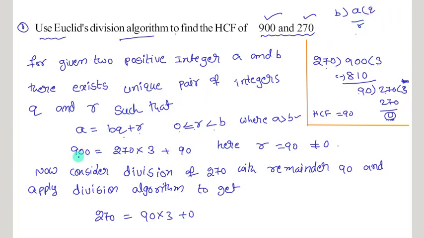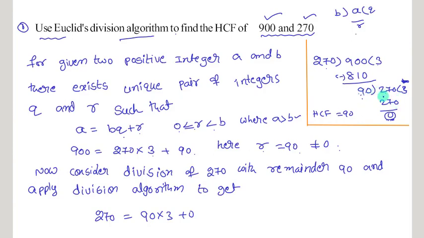Here we have to divide the greater number 900 by the smaller number b, that is 270, so that we get a quotient of 3 and a remainder of 90. Here the remainder 90 is not equal to 0, so we have to consider the division of 270 by 90 and apply the division algorithm.